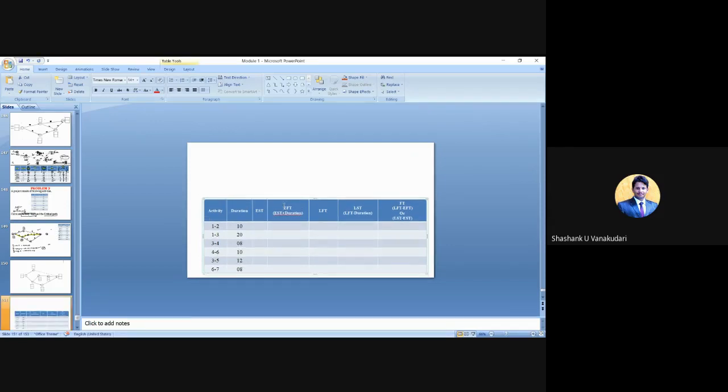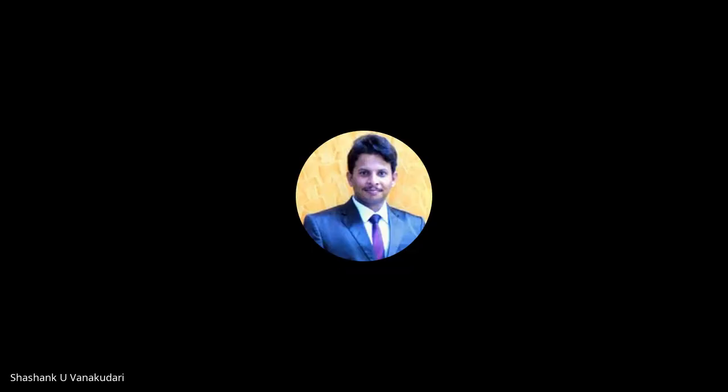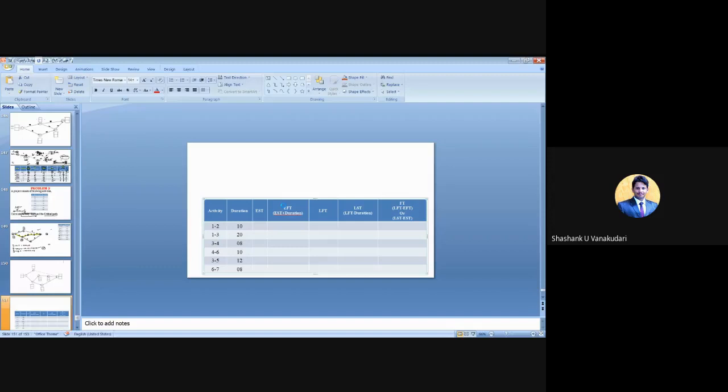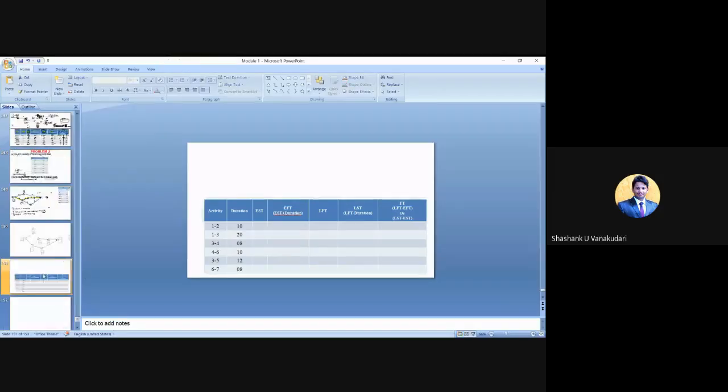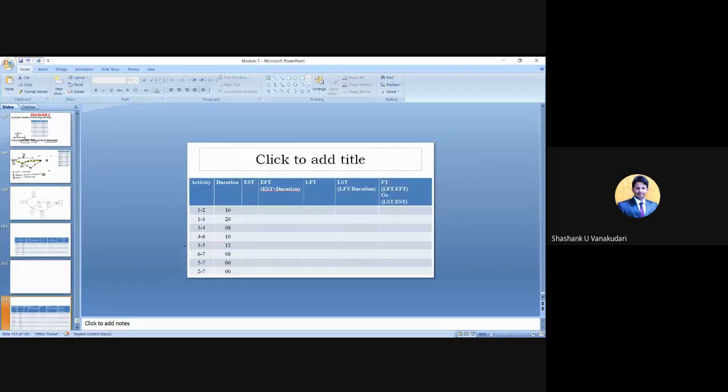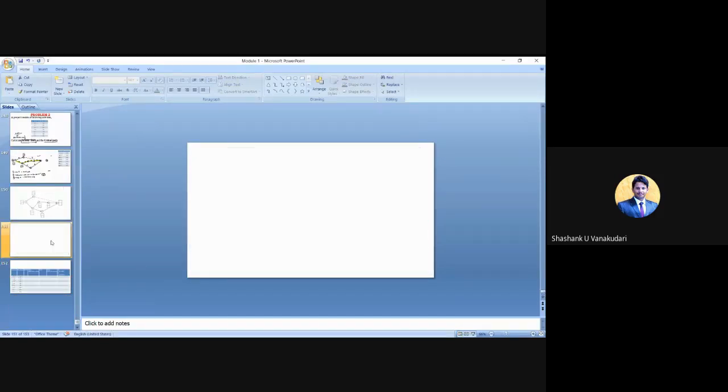And here they have got only till 6 to 7. And one more, I have drawn this. Here it is. Okay. This table is here. I have already prepared.